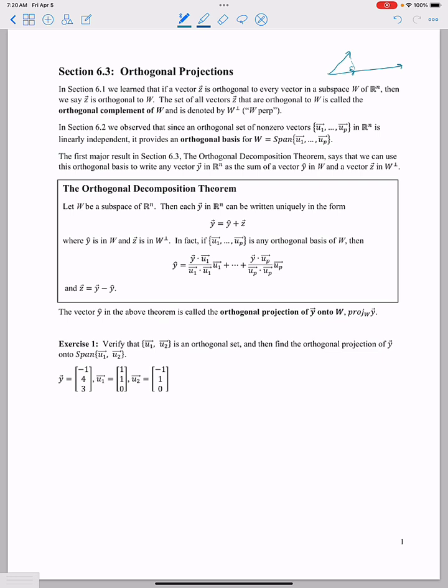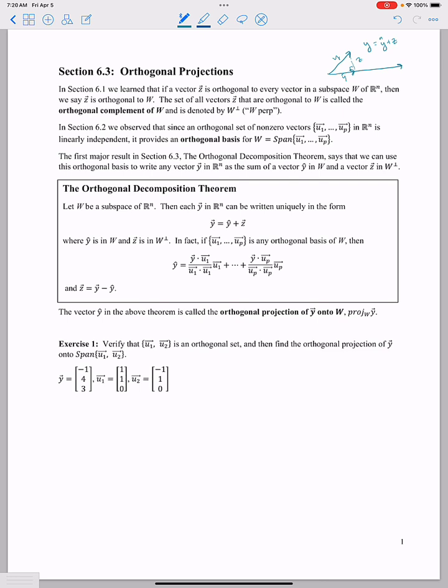And notice that the y was equal to the y hat plus z, where this is z, y hat, and y. Another way to think of this is that you split the y up into two components that are perpendicular.